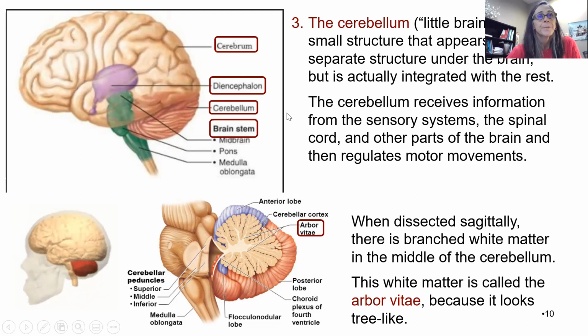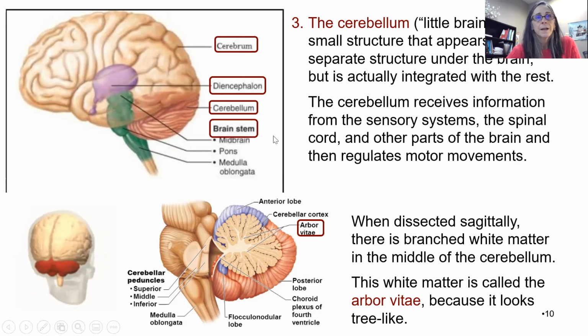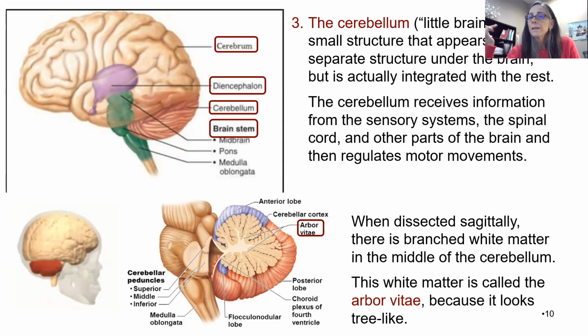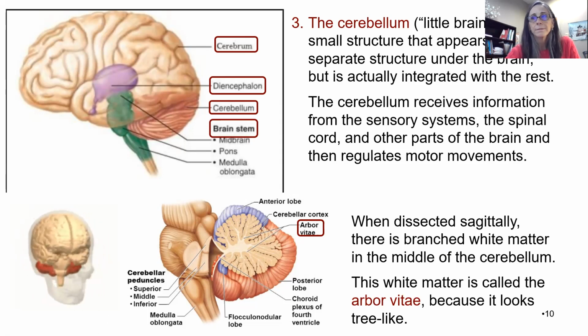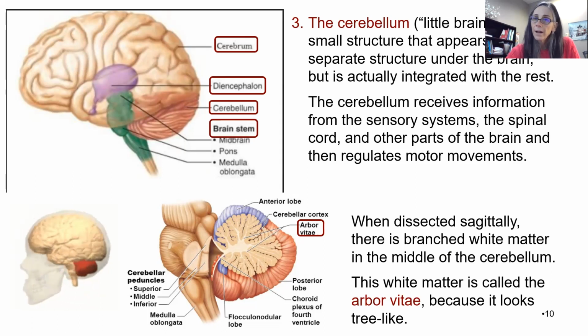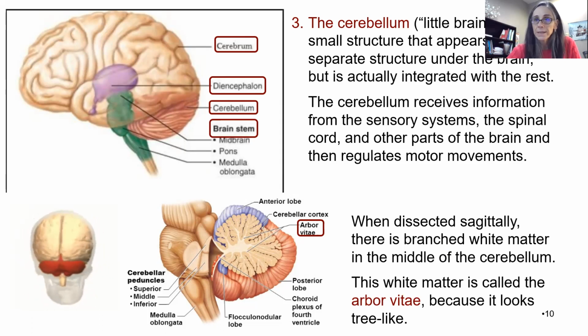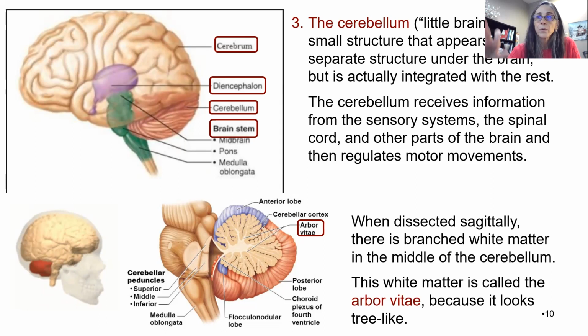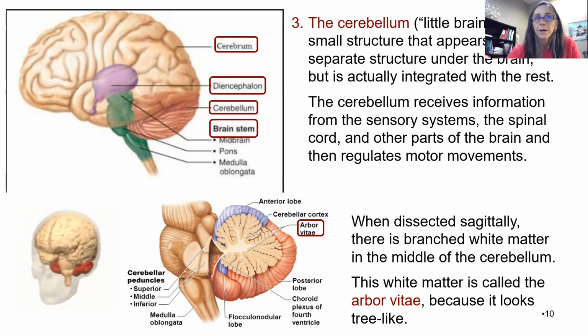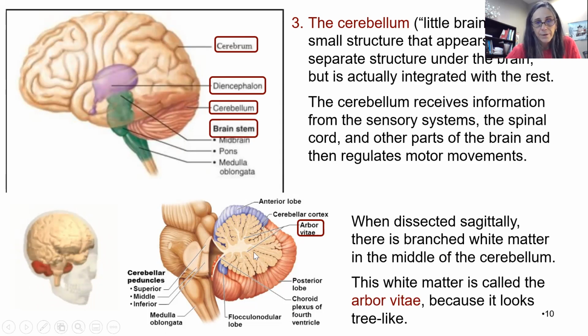So timing. What else? Do I have anything else about the cerebellum? No, it's cauliflower-like, I told you that. It's only found underneath in the posterior aspect. It does have a cortex area, so it also has gray matter and white matter. The white matter branches into the gray matter, and this is what we're seeing right here.